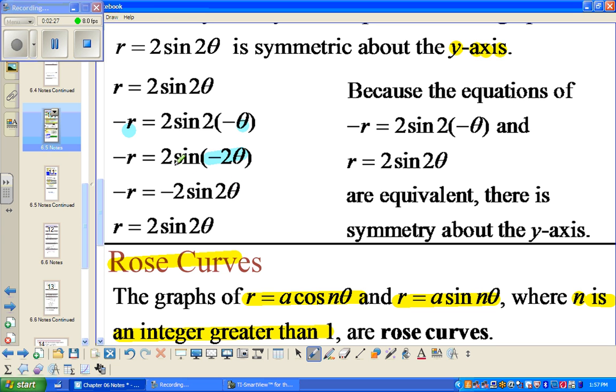So that means that 2 sine negative 2 theta is the same as negative 2 sine 2 theta. And that could be simplified to what we started with by multiplying or dividing both sides by negative 1. Since these two statements are equal as proven here, or are equivalent, there is symmetry about the y-axis.